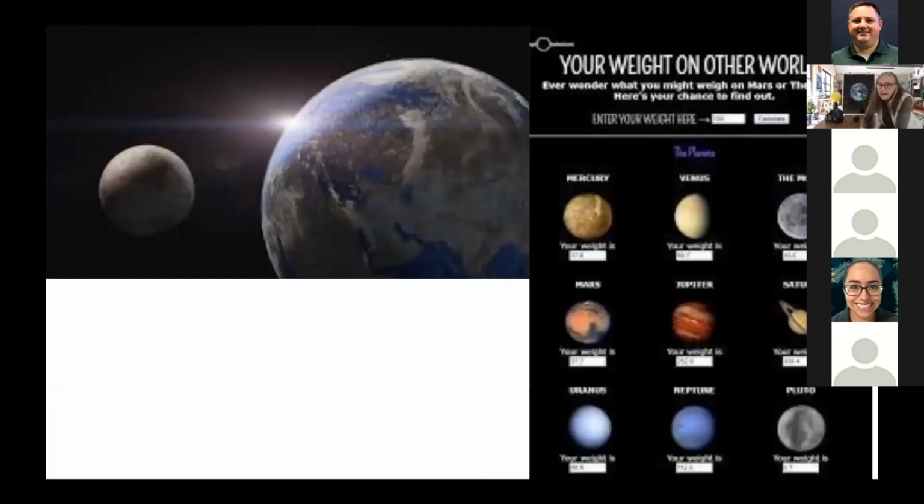Another thing to think about is the fact that how much you weigh depends on gravity. I was thinking about this with the little helicopter on Mars. I thought, oh dear, Mars doesn't have much atmosphere. How can they possibly fly something on Mars?